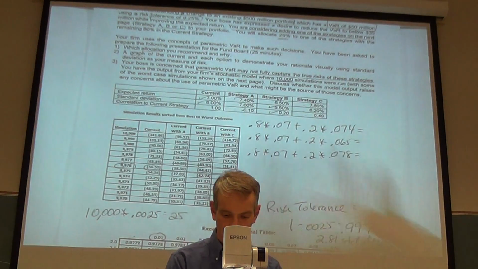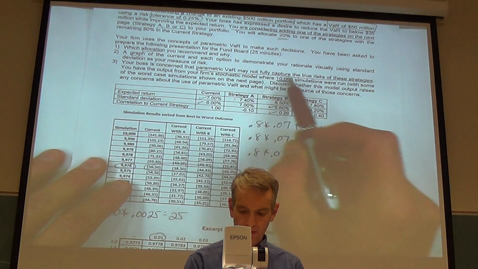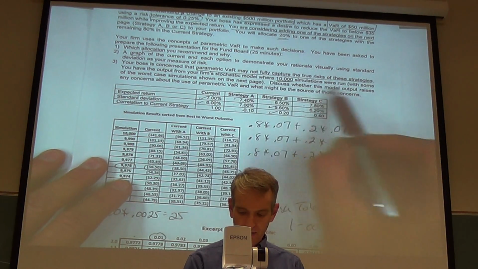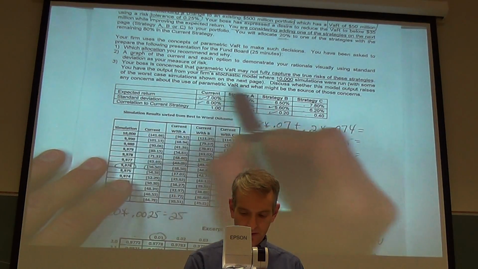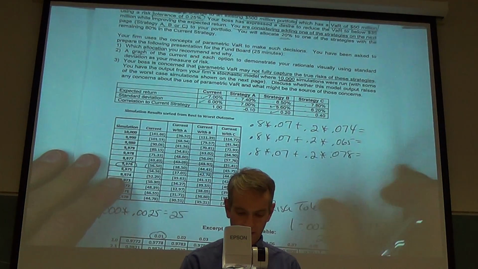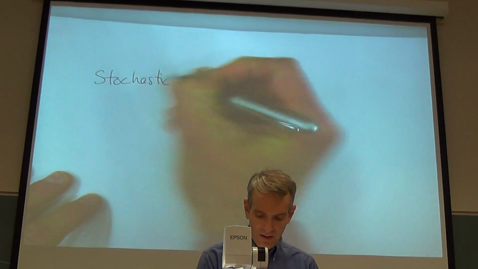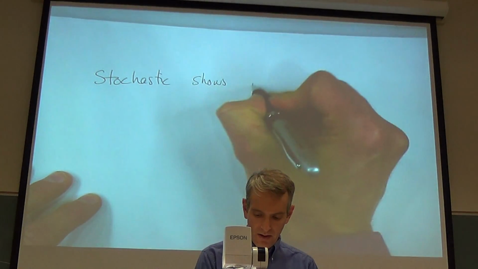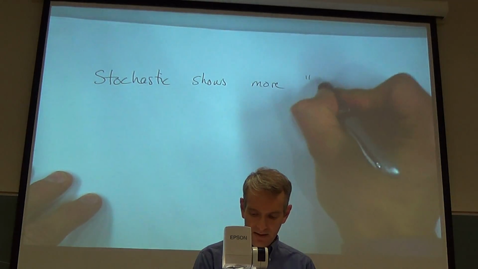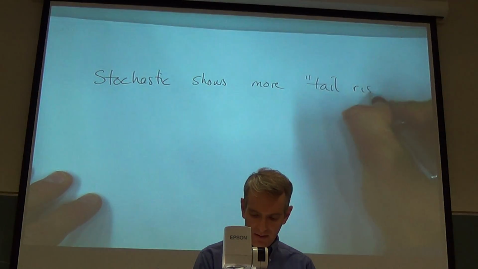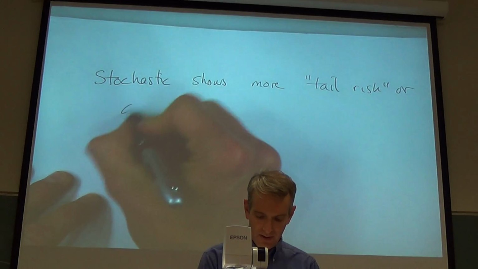So what does your boss say? She's worried the parametric VaR may not fully capture the true risk. Discuss whether this model output raises concerns and what might be the cause of those concerns. Okay, so stochastic shows more, if you want to say it like this, tail risk or downside risk.